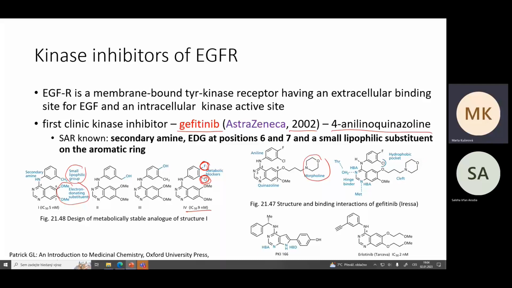So the part of the molecule with morpholine can stay solvated, and for binding it is not necessary to desolvate. So we can see the molecule of gefitinib that was developed in this way, and another inhibitor of epidermal growth factor receptor, erlotinib.